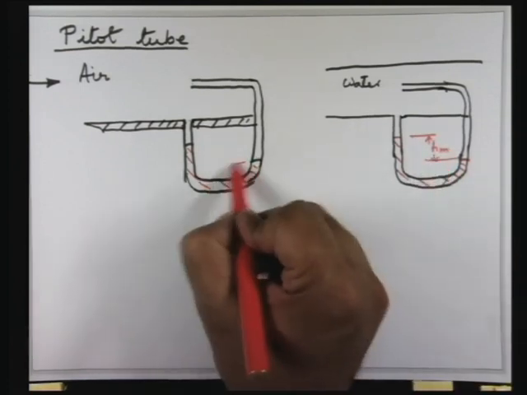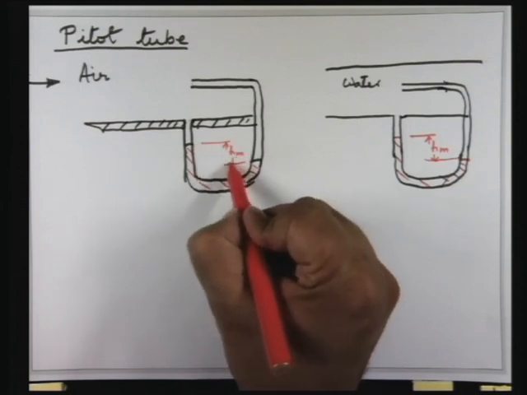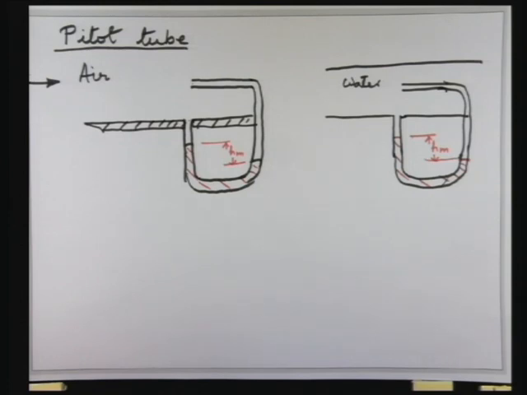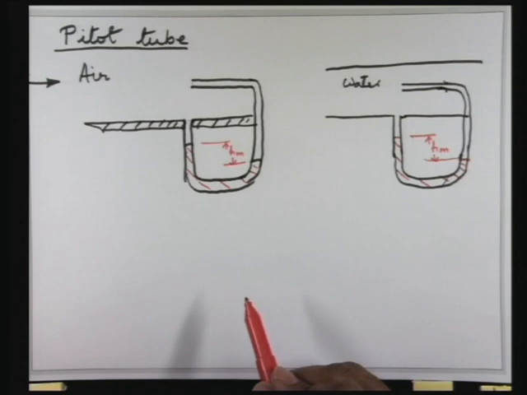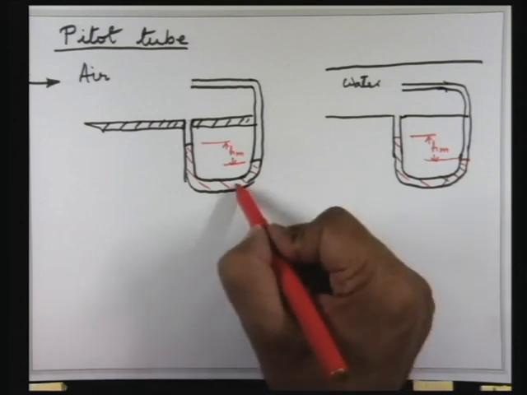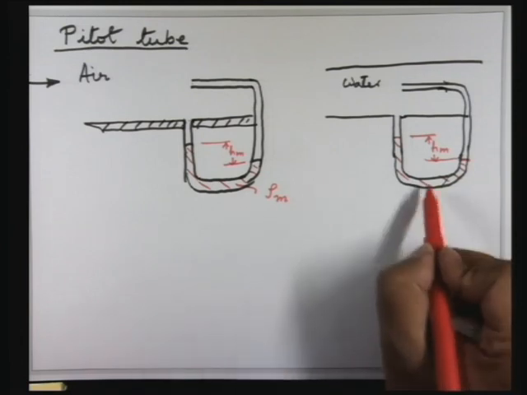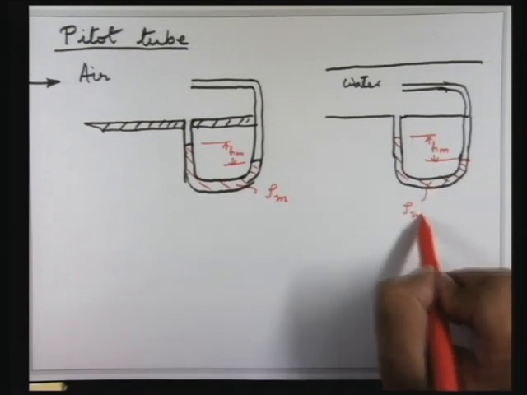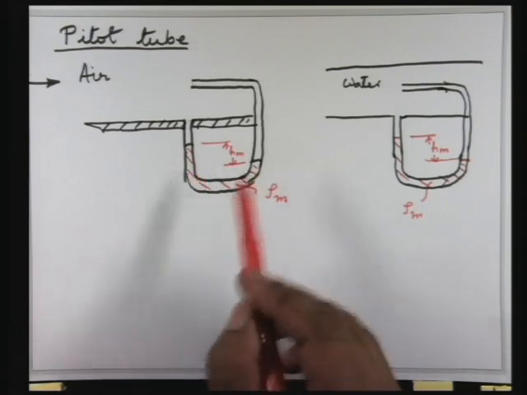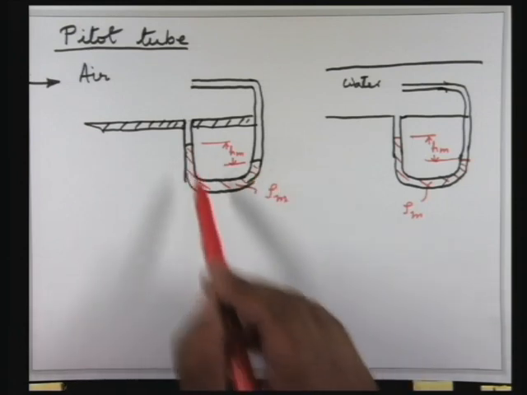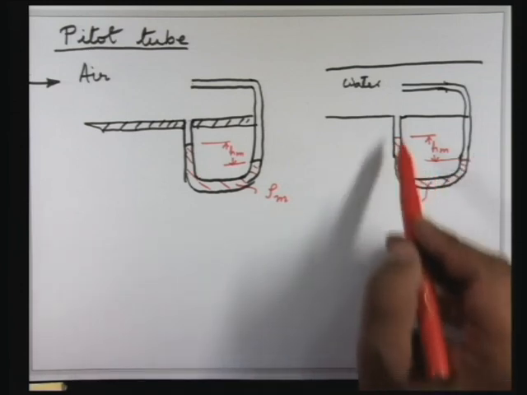So this deflection can be measured, and the density of this fluid, let us say, is rho m, m for manometer. So here in this example, the manometer fluid could be water, alcohol, mercury, whatever it is. Here it cannot be water. So let us say here it is mercury.